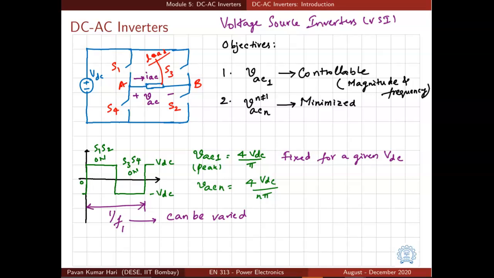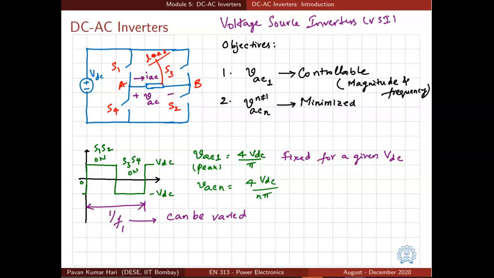The peak value of the fundamental component of the square wave is 4 VDC by pi, as we know, and the magnitude of any nth harmonic component is 4 VDC by n pi. So for a given VDC, the magnitude of the fundamental component is fixed.